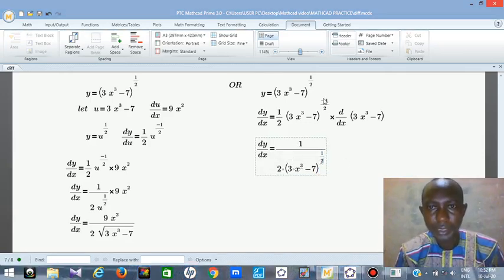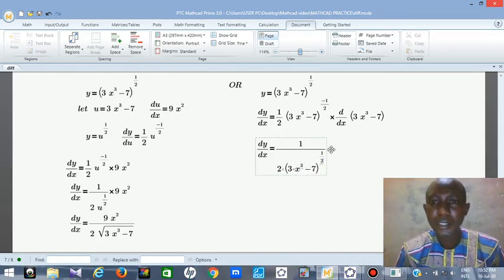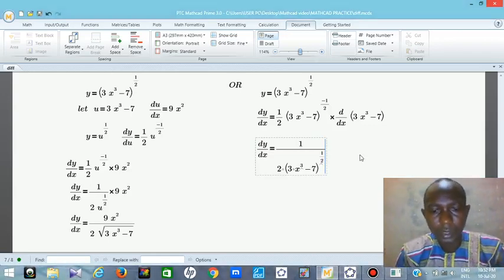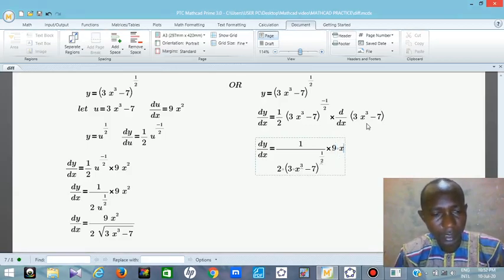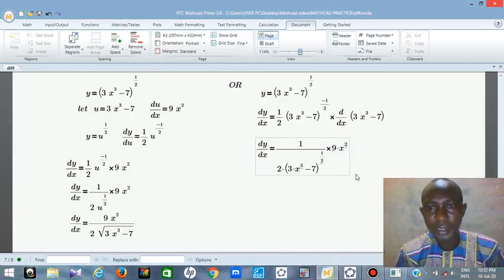So this negative we remove, we leave this place, it will now come down as 1 all over. So that's what happened to this place. Then you move on, then times, when you differentiate this bracket, that's the meaning of d dx, it gives you 3 times 3, which is 9x squared. That is 9x squared. So you can see we are getting close to the step of this other method.